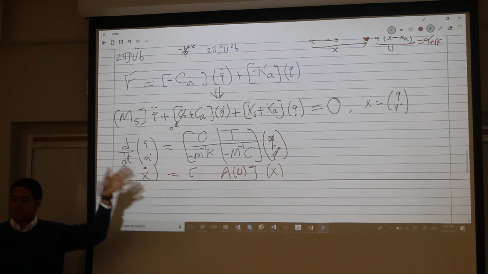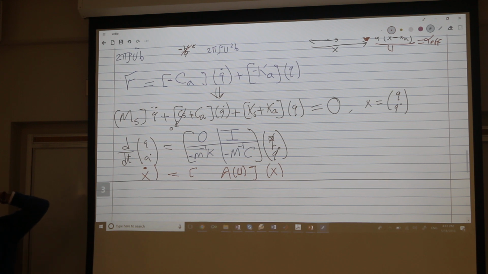How can I judge the stability of the system? Eigenvalues. Eigenvalues of the A matrix, right? Simply. So it's very easy now. I'm going to take a range for the speed u, say from 100 to 1000 feet per second, whatever.